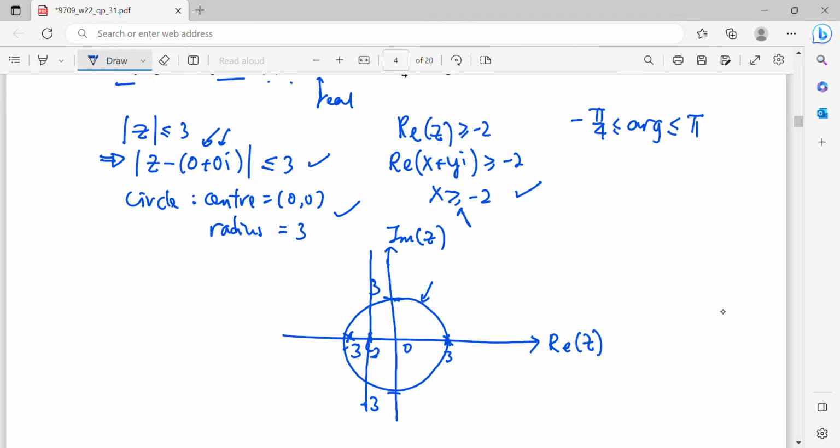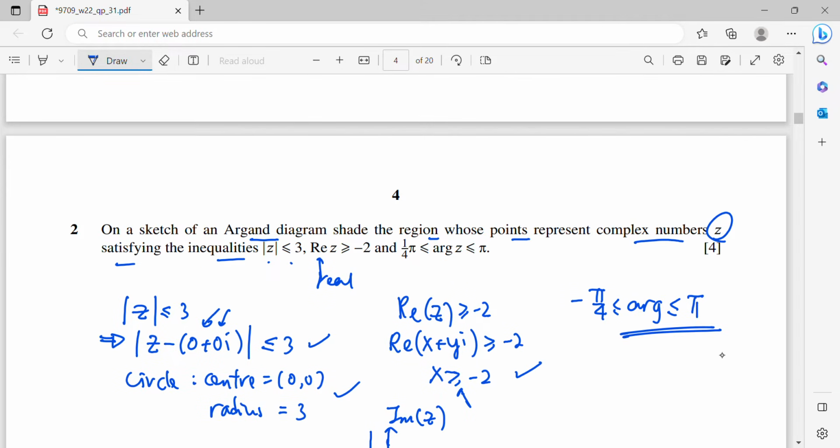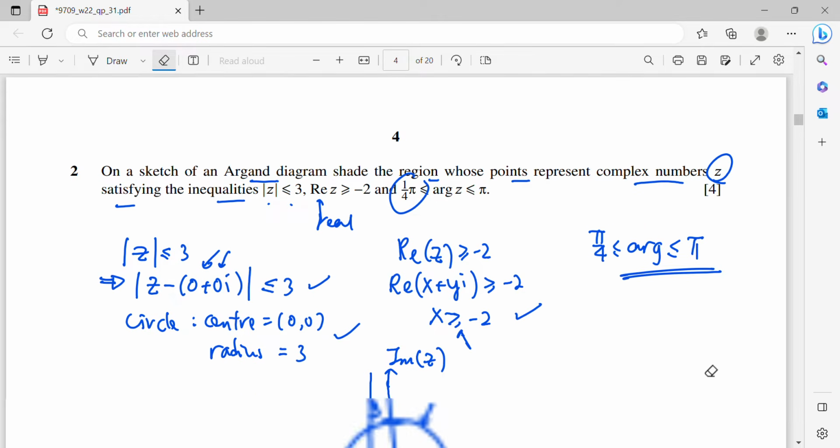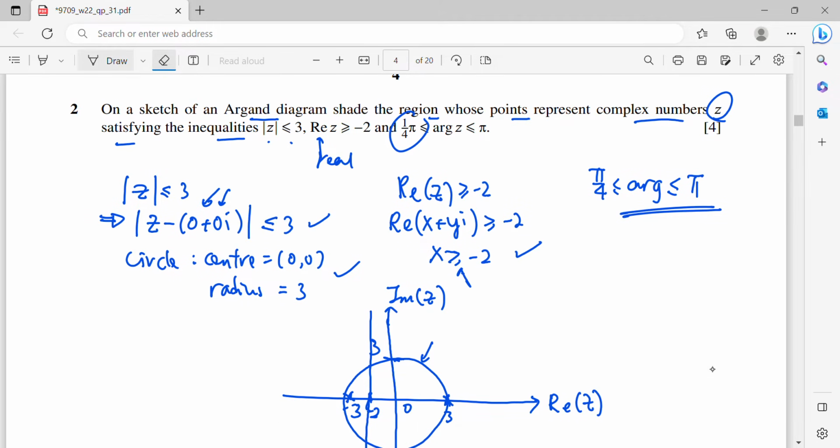So then the argument is between positive pi over 4 and pi. There's no minus. Okay, between positive pi over 4 and pi. So now pi over 4 is 45 degrees.